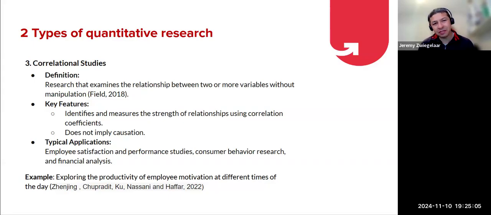So what it does is it identifies and measures the strength of relationships using correlation coefficients. When I say strength, what I mean here is whether there is a weak relationship, a medium relationship, or a strong relationship between the variables. The correlation coefficient gives you the outcome of what the relationships are.